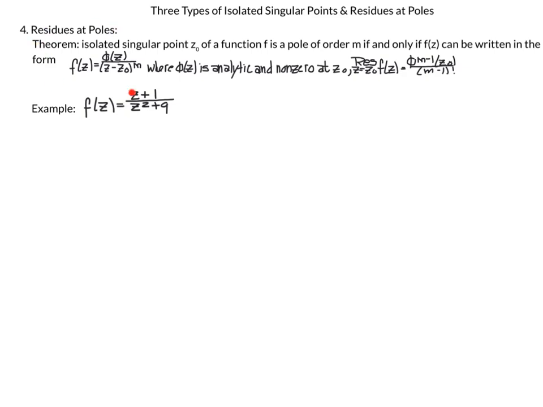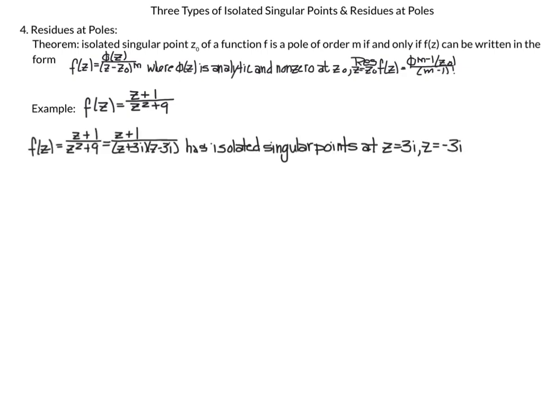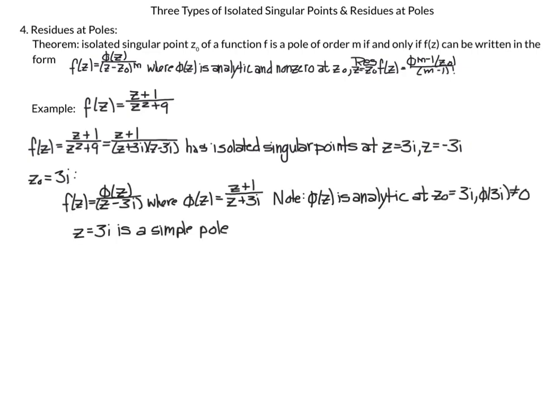f of z is equal to z plus 1 divided by z squared plus 9. We will start by factoring out our z squared plus 9 into z plus 3i, z minus 3i, so that we can note that f of z has singular points at z equals 3i and z equals minus 3i. So for our first pole, z equals 3i, f of z is equal to phi of z over z minus 3i, where phi of z then is whatever's left over if we take out the z minus 3i.